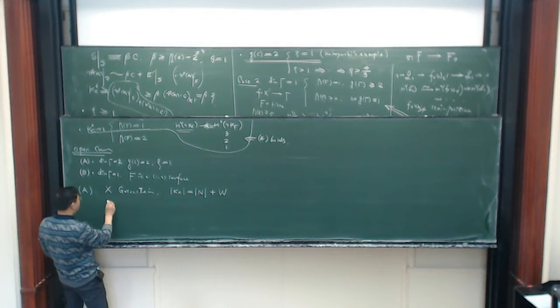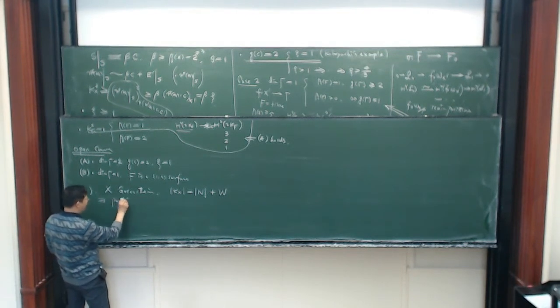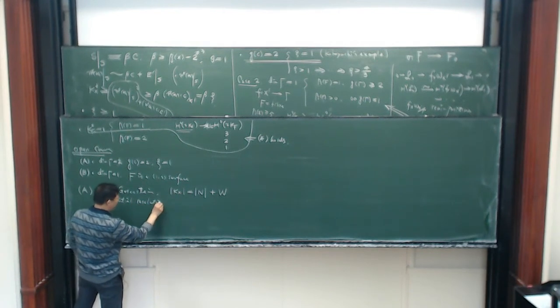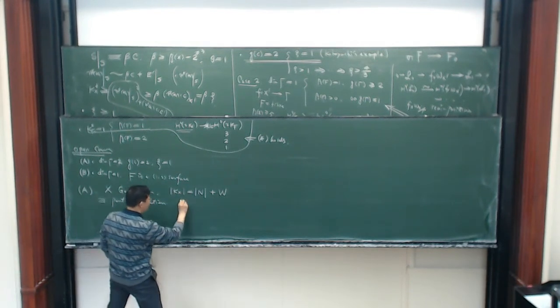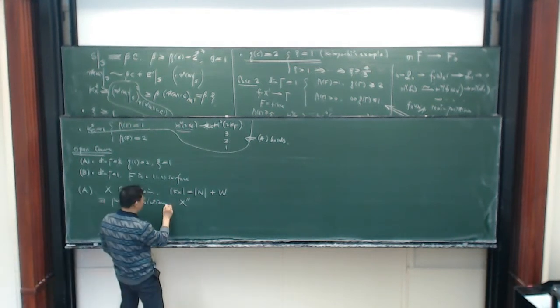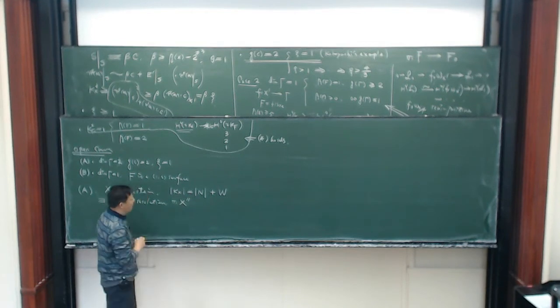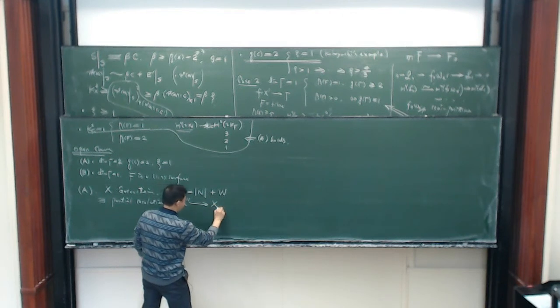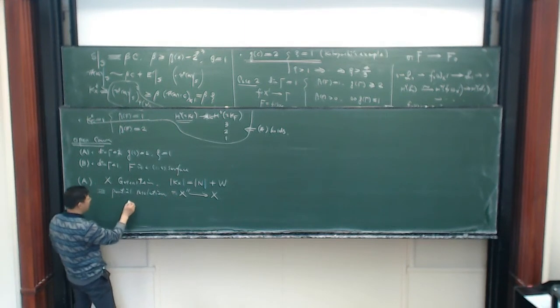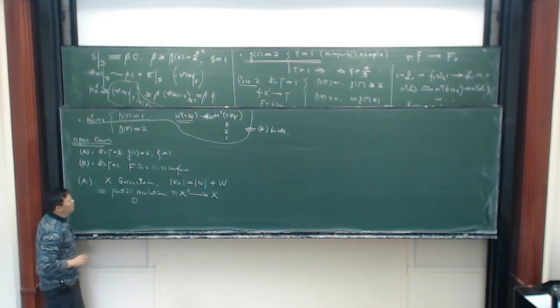We construct, there exists some partial resolution, say X double prime, so I still write this as pi to X. Here X double prime satisfies the following conditions.